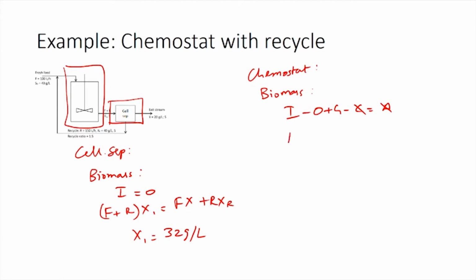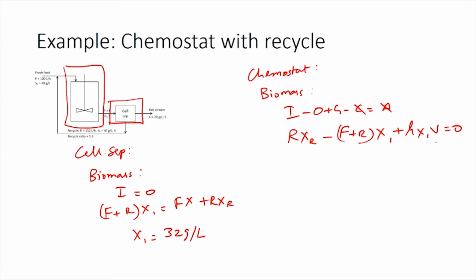So, you have R times xr as the biomass entering through the gross feed into the chemostat. Your gross product stream contains F plus R times x1 biomass. Generation of the biomass in the chemostat would be mu times x1 times V, which equals 0.